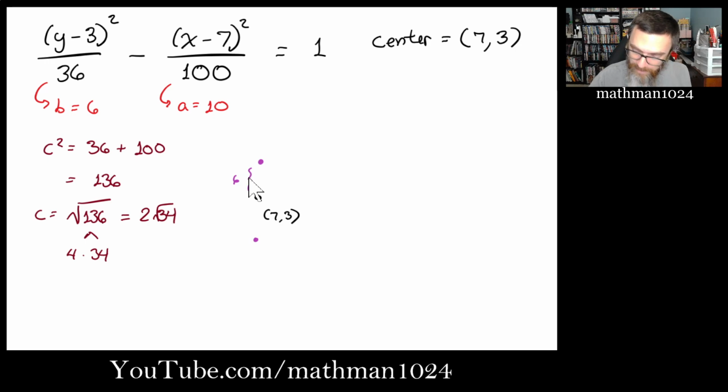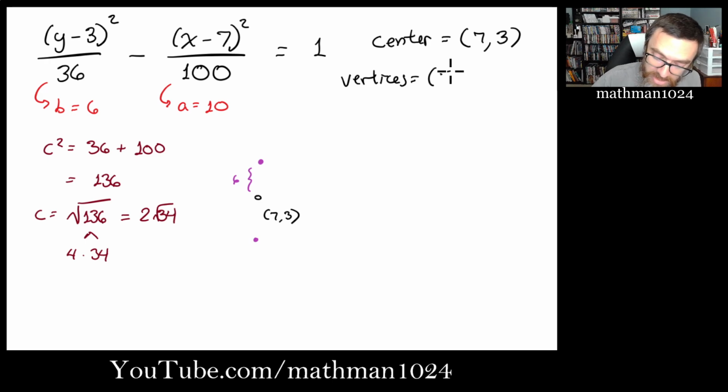So my vertices will be 6 up from this, 7, 6 up from that is going to be 9, and the other one is going to be 7, and 6 down from that is going to be -3.